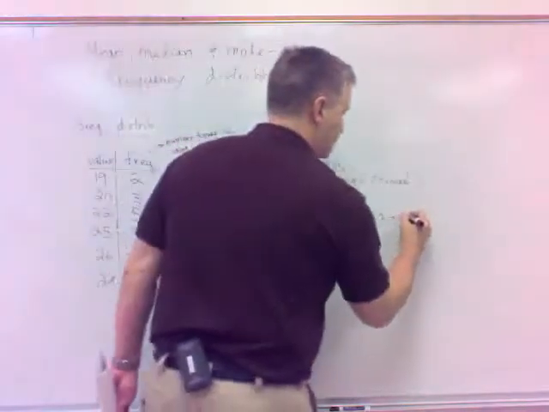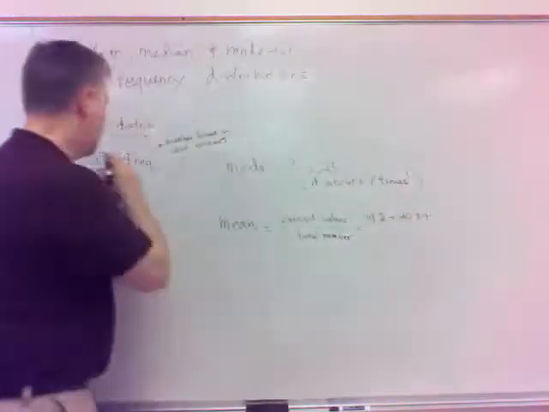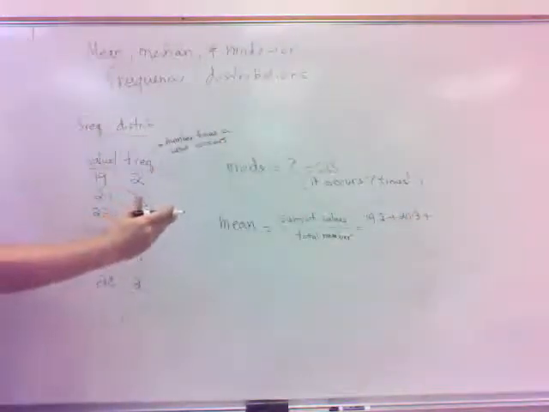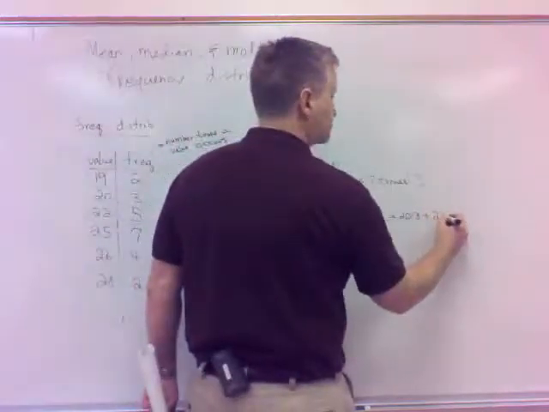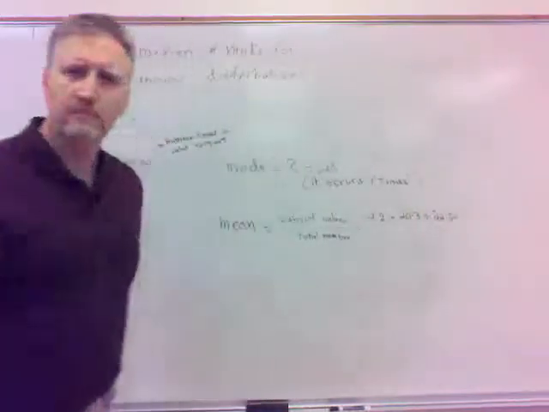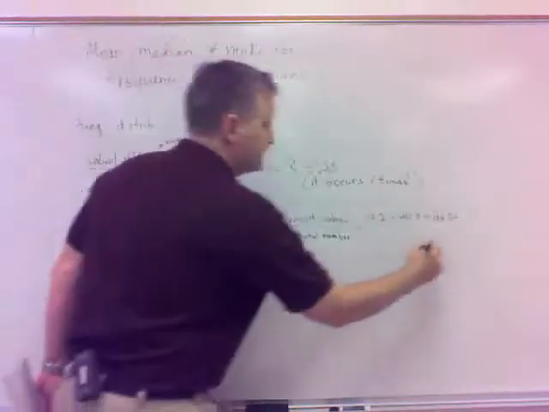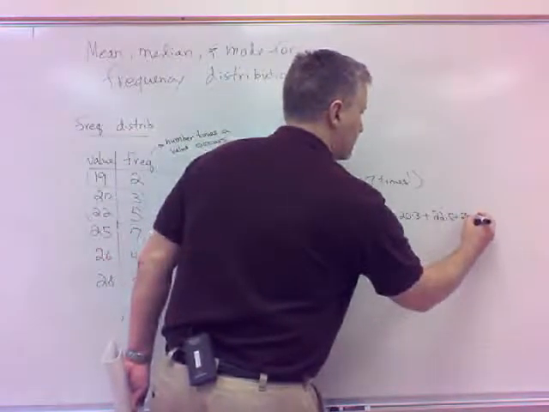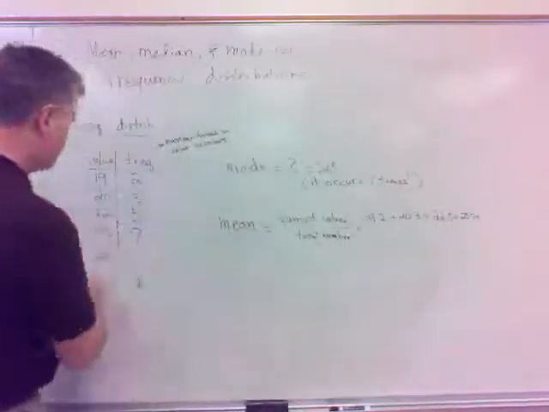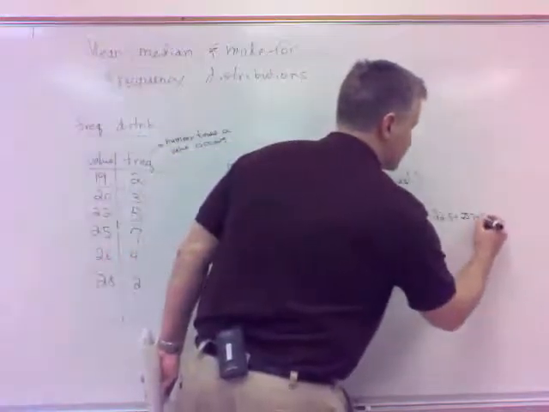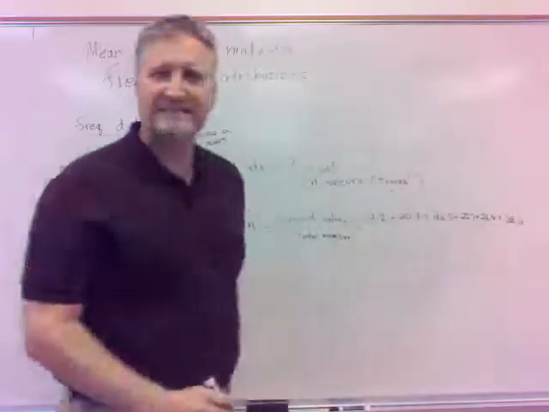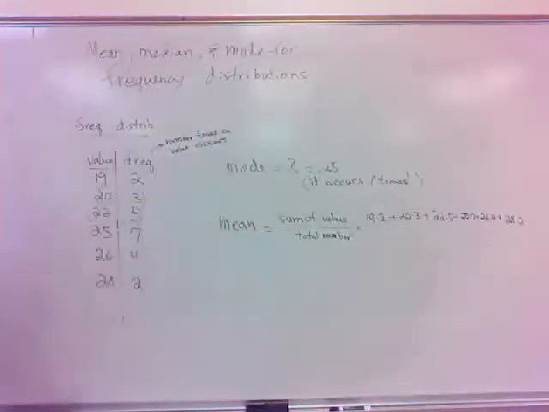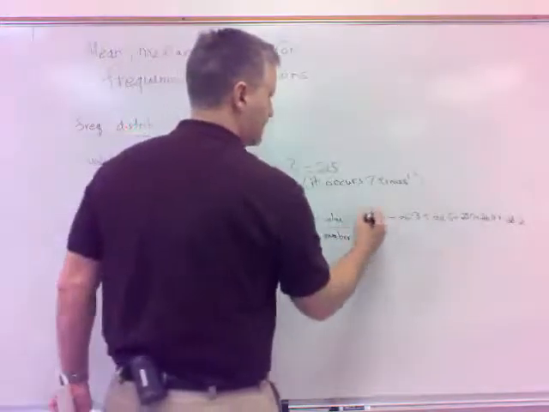Yeah, so just multiply each value times its frequency. 20 times 3, 22 times 5, 25 times 7, 26 times 4 and 28 times 2. So multiply every value by its frequency, okay, and add those together.